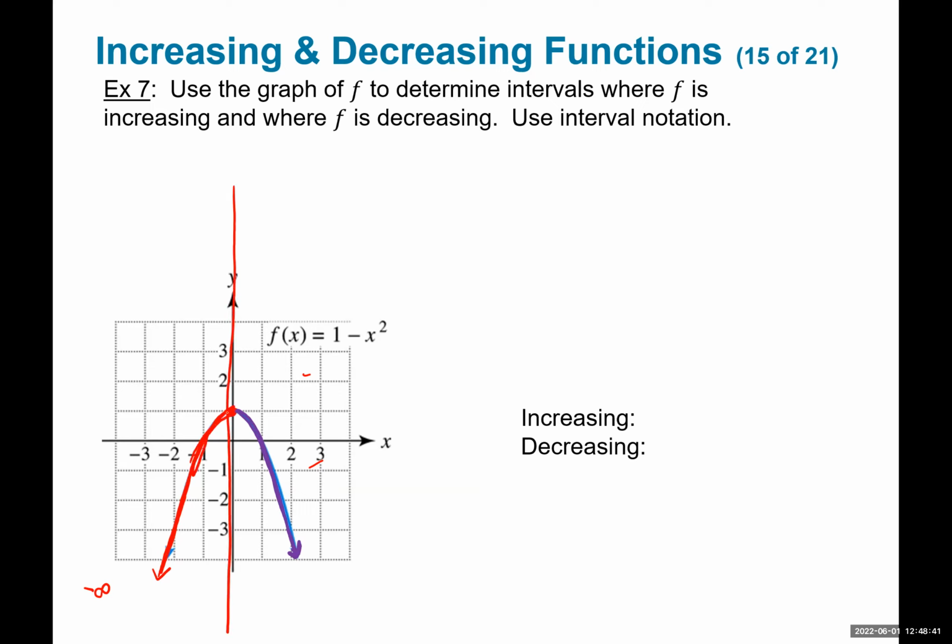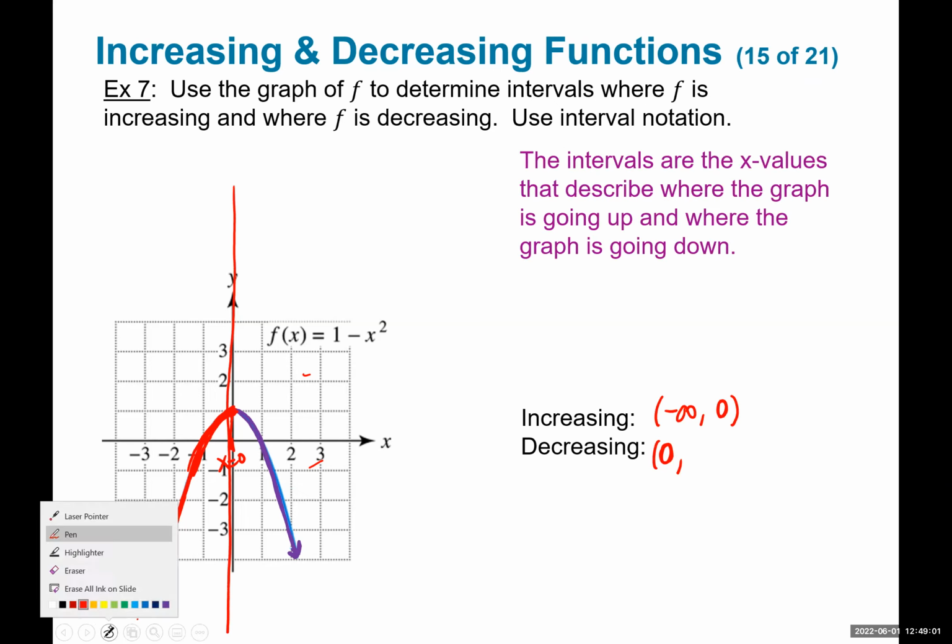Until you get to 0, x equals 0. So you are increasing from negative infinity to 0. And then at 0, you start your descent. You start decreasing forever.